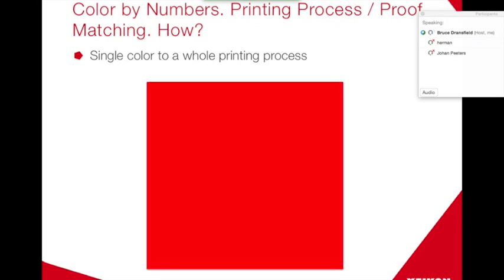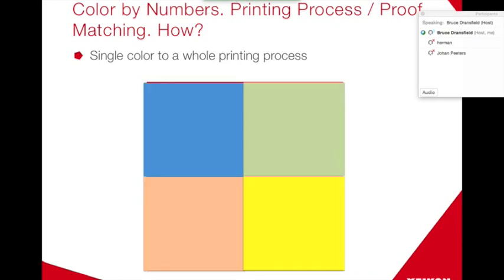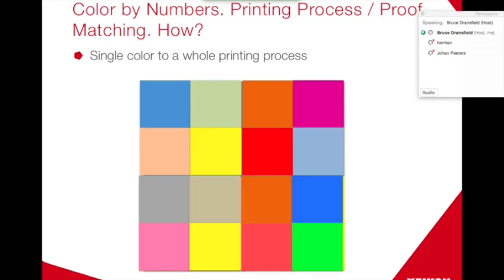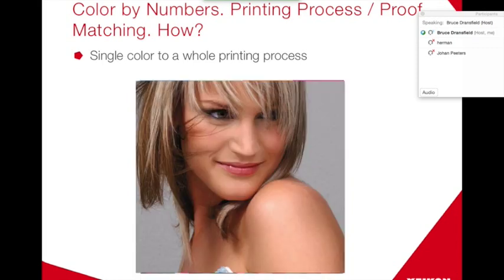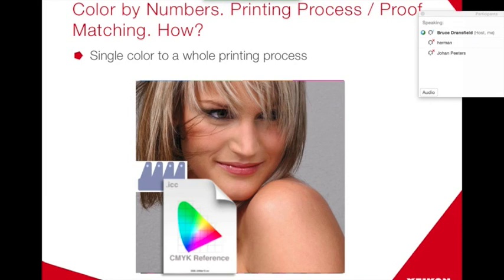If we can imagine we can capture the single colour, then it's not much more imagination to think we can catch a whole bunch of colours. And in fact, if we do enough patches, we can capture the colour characteristics of a whole process. And this is what we would call a reference profile.